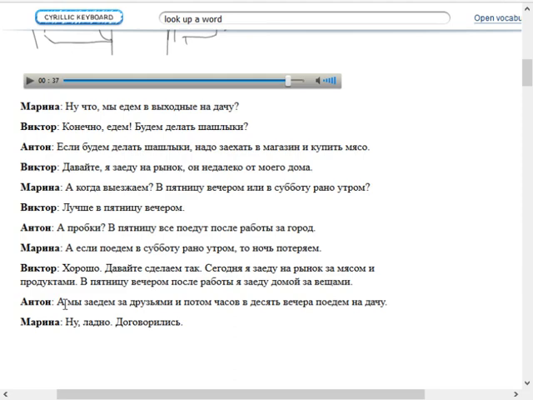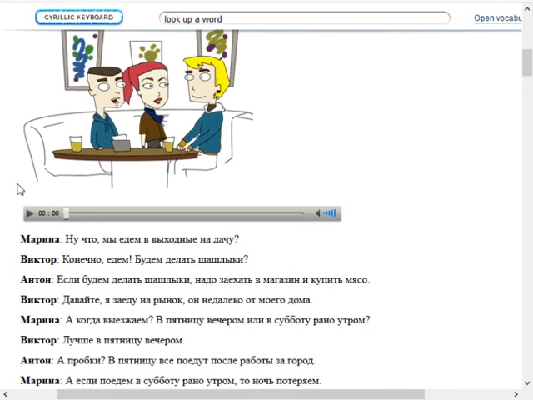Мы заедем за друзьями, so we'll stop in for friends, and after that, часов в 10 вечера, at 10 o'clock in the evening, поедем на дачу. Then we'll go to the dacha. Ну ладно, договорились. Okay, well, okay, agreed.